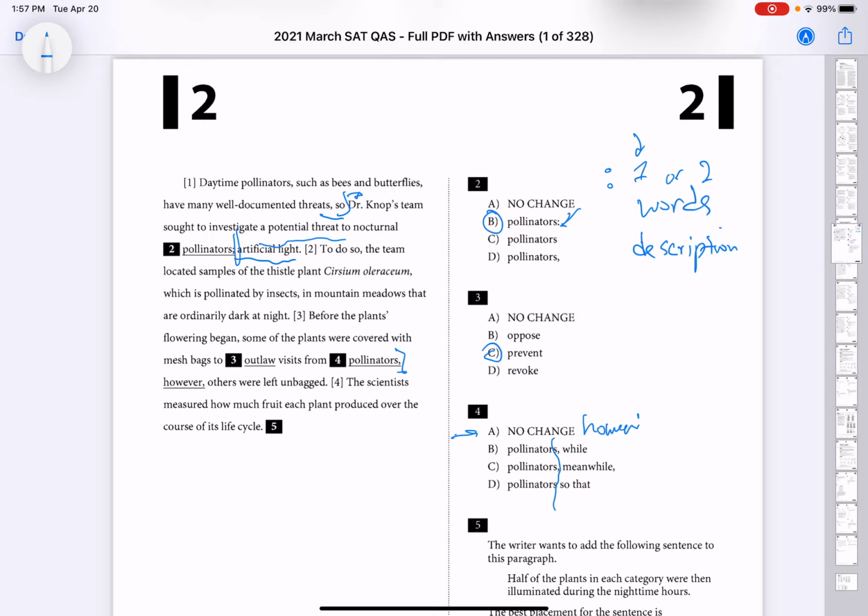It says, before the plant's flowering began, some of the plants were covered with mesh bags to prevent visits from pollinators. Others were left unbagged. Okay, so it looks like they're trying to do some kind of contrast over here, and they're trying to say that something happened at the same time.